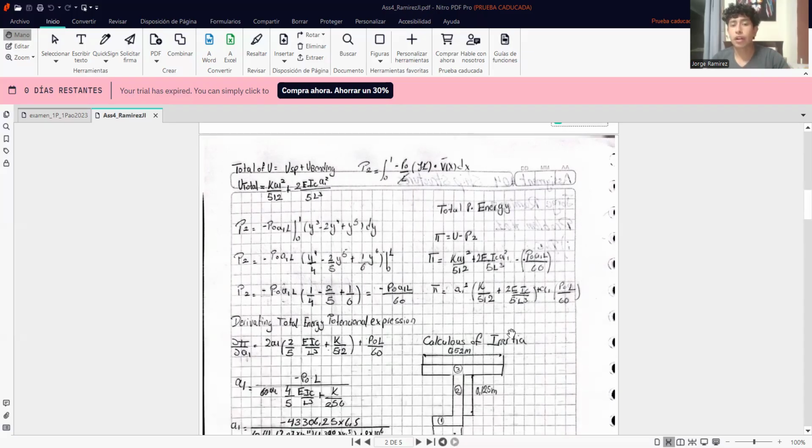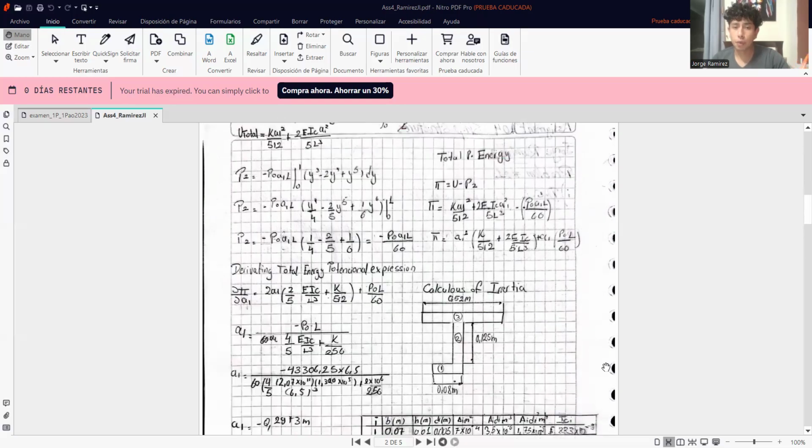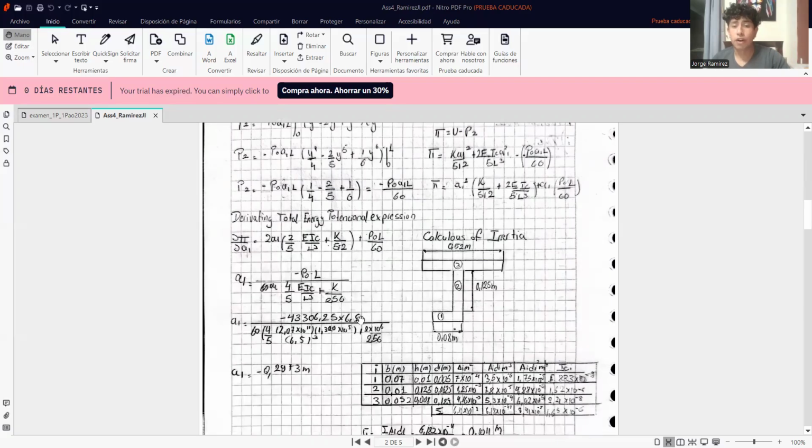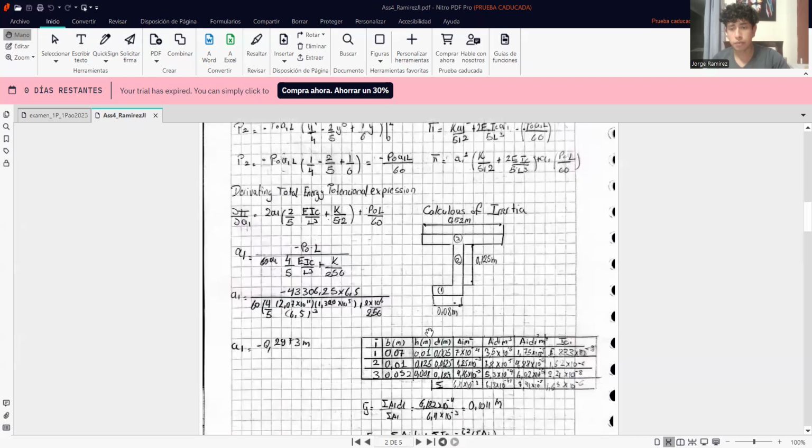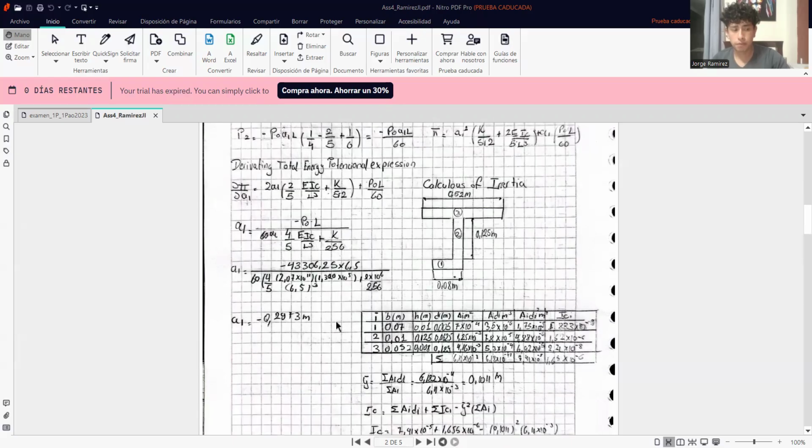In this case, to calculate the inertia, we need to propose the table of inertia, and when you have all those values, you only need to replace the values in the formulas, all the values that you obtained before.